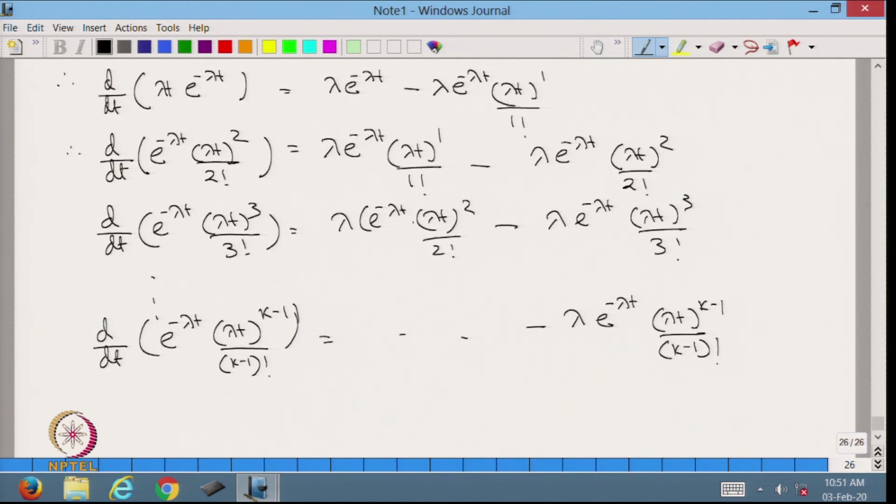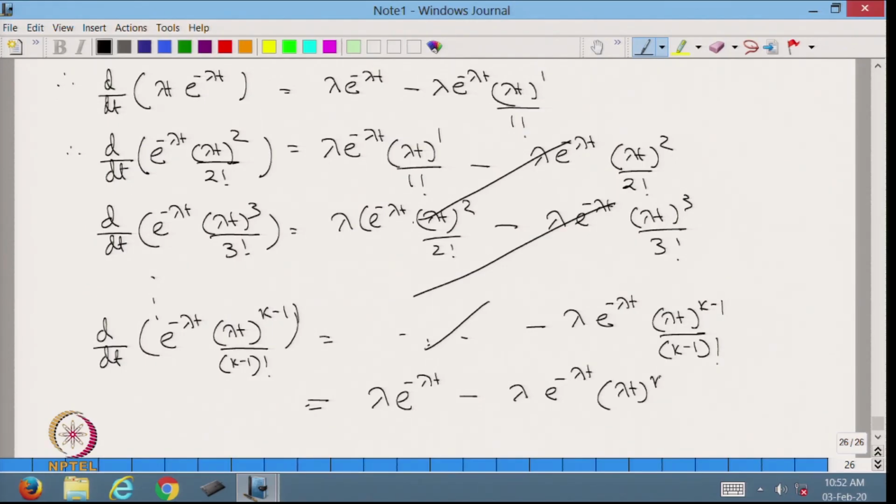Now, we note that this cancels with this, and finally this term will be cancelled. Therefore, the whole result is coming out to be λe^(-λt) minus λe^(-λt)(λt)^(k-1)/(k-1)!.